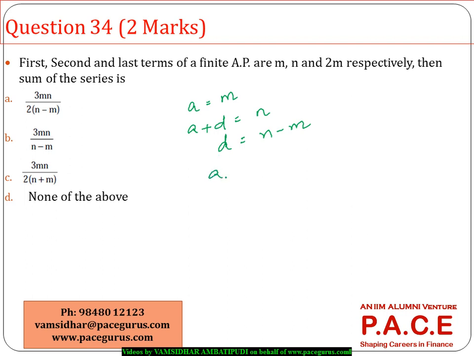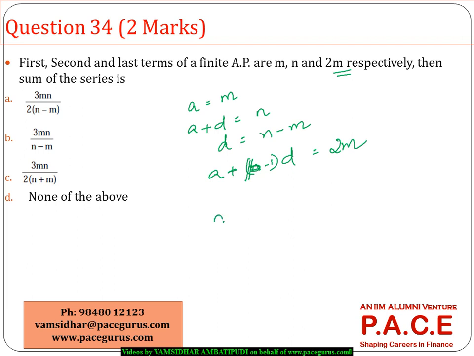And the last term, a plus (n minus 1) into d, is equal to 2m. Right, the nth term is 2m. Or probably the pth term, let me call it the pth term, is 2m. So here we are talking about the sum of the series.